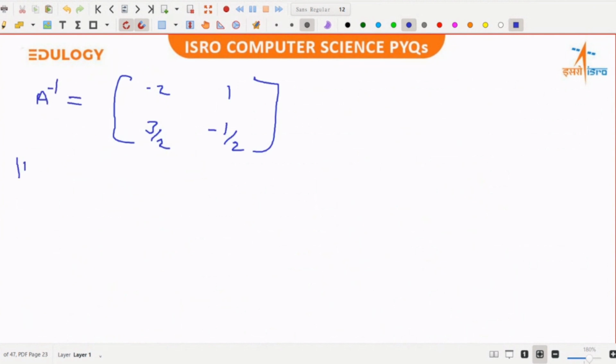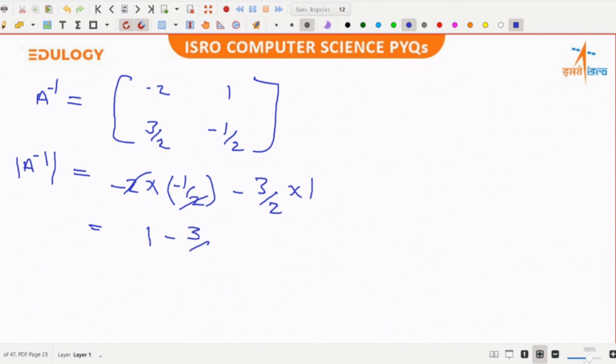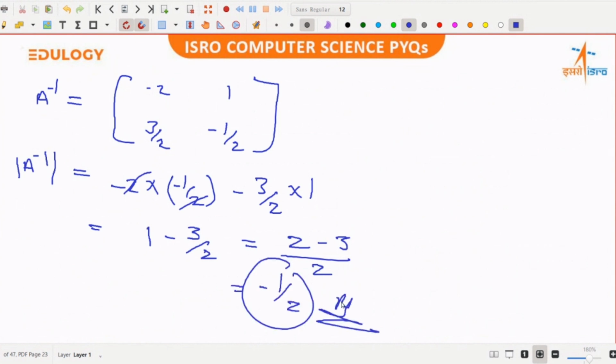Now we need to calculate the determinant of A inverse. Just minus 2 multiplied by minus 1 by 2, minus 3 by 2 into 1. Minus minus is plus, which gives 1 minus 3 by 2, which is minus 1 by 2. This is your final answer.